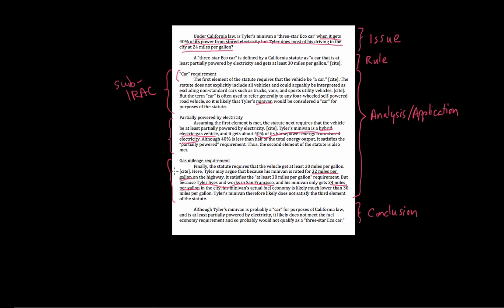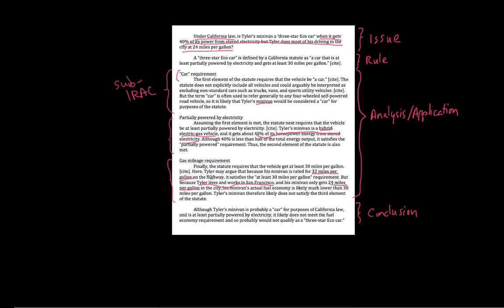And finally, one more example, the gas mileage requirement. Our sub-IRAC here only deals with that third element. Tyler's minivan therefore likely does not satisfy the third element of the statute. We're not talking in this paragraph at all about whether it's partially powered by electricity or whether the minivan would be considered a car, because that's not relevant to this issue.